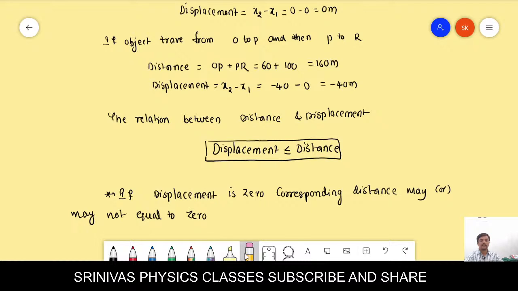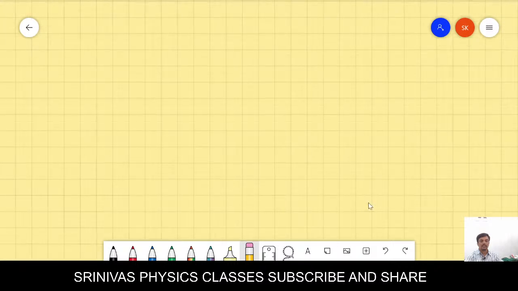Okay, now I am going to erase. Let us do a few questions based on this. Actually, how to find displacement? There are two methods.